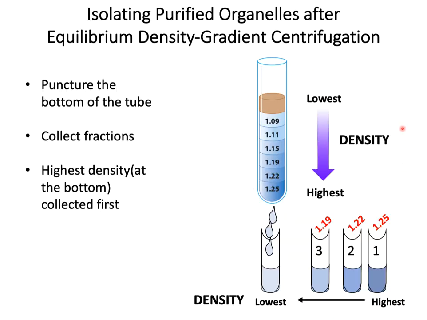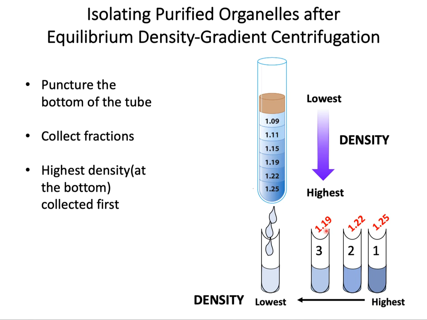So how do you isolate these purified organelles from the gradient? You start by collecting the fractions or layers from the bottom of the gradient. To collect from the highest density to lowest, you collect set volumes into different tubes. For example, you collect 100 microliters in one tube, another 100 microliters in a second tube, and another, and so on.